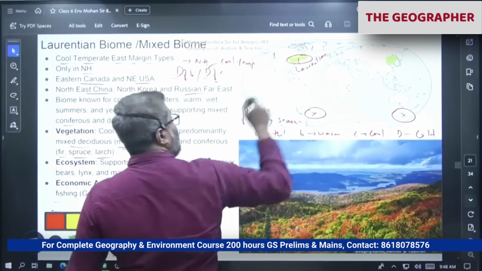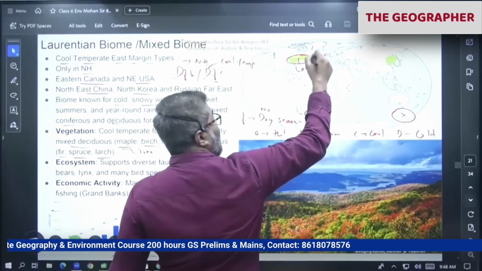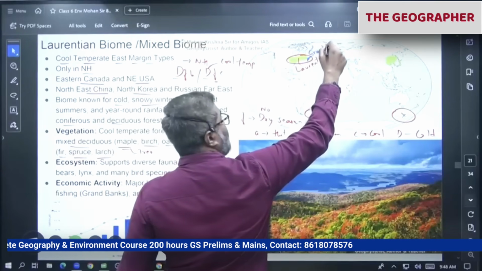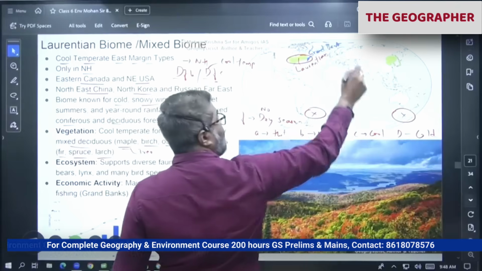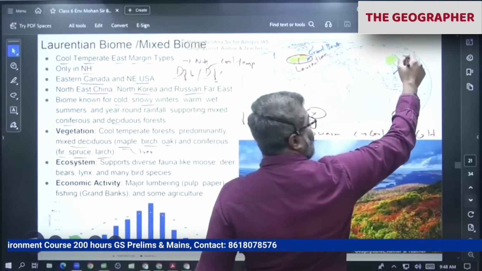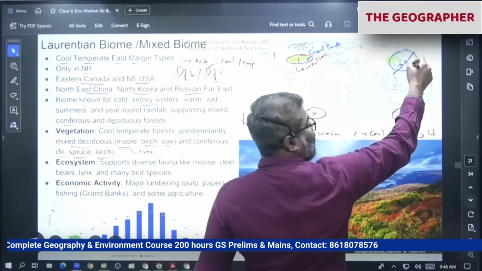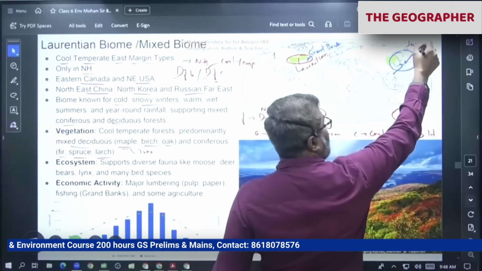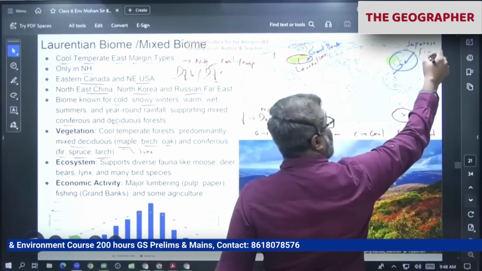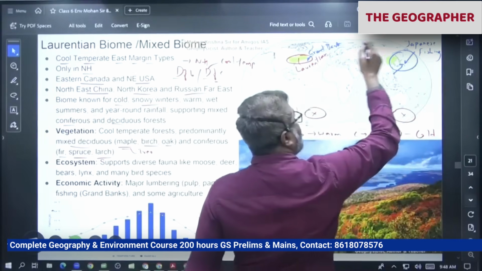Here also Kuroshio and Oyashio will meet. Here is another fishing bank, the Japanese fishing bank.